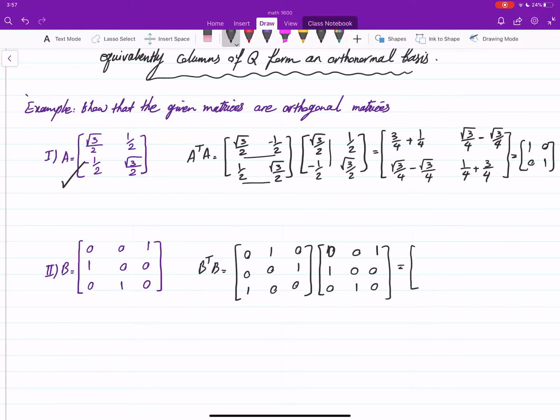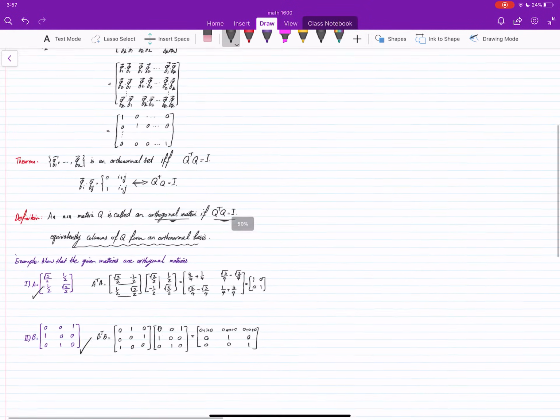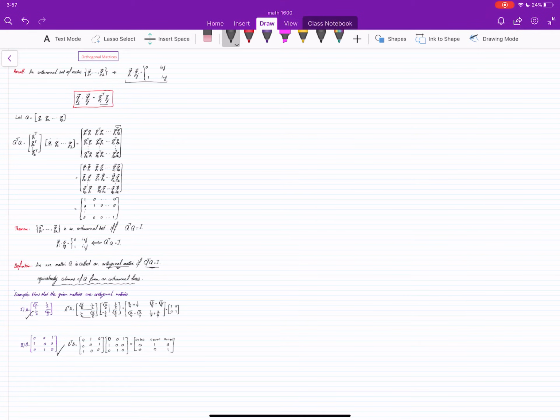This is easy to check because you just multiply, you get 0 plus 1 plus 0, then 0 plus 0 plus 0, and you just continue that, and you will see that what appears is again the identity matrix, the 3 by 3 identity matrix. So that is why this matrix B is also an orthogonal matrix. We will study orthogonal matrices in more detail in the coming videos.